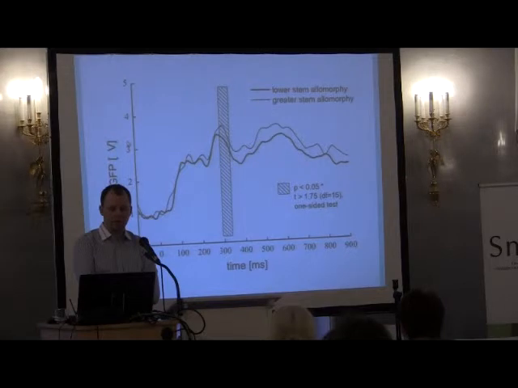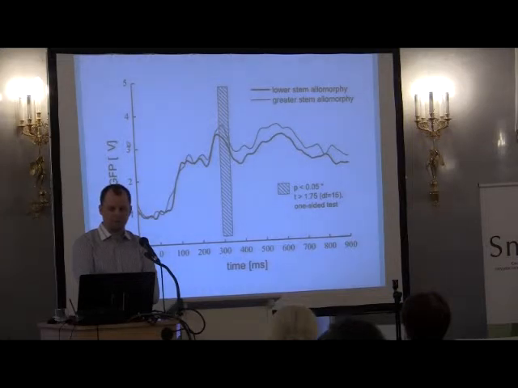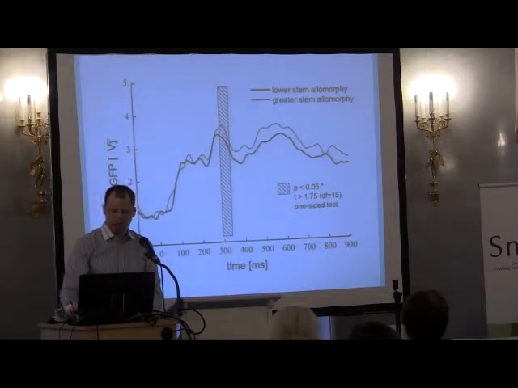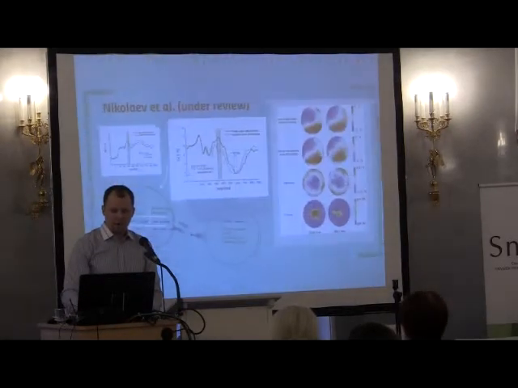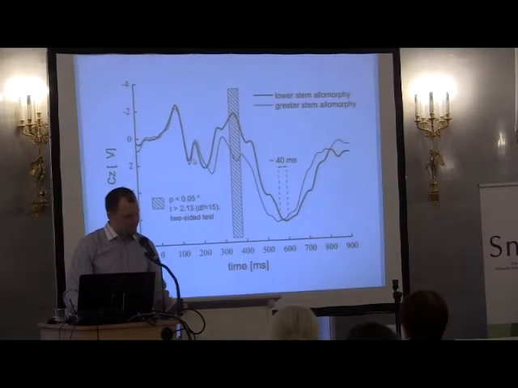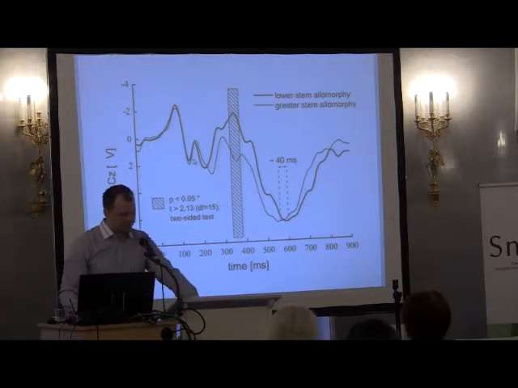And as you can see, our brains allocate more power to words with greater stem allomorphy, so to unproductive words. And in this graph, you can see grand average potentials at the vertex for words with lower and greater stem allomorphy with the right mastoid reference.